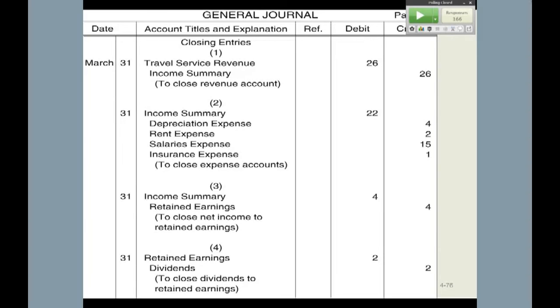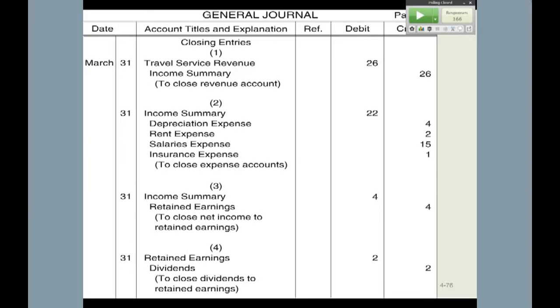We will credit rent, salaries, and insurance. Those accounts are now all going to be 0. And the balance in income summary at this point should be 4. And if you look at the worksheet again, this is essentially what the income summary account would look like.